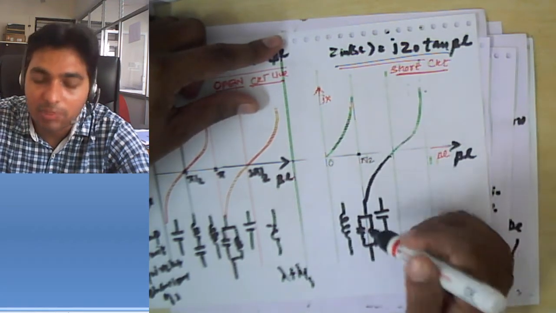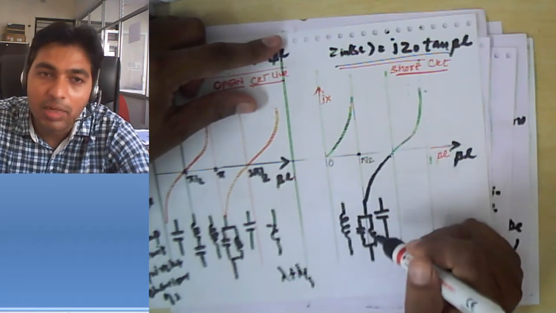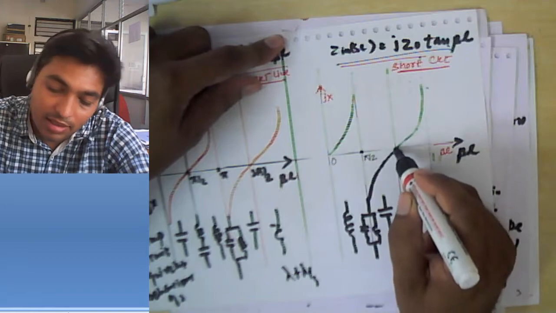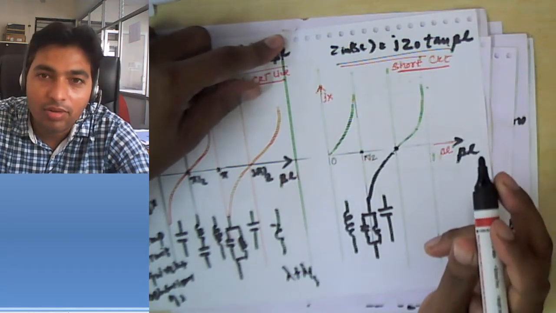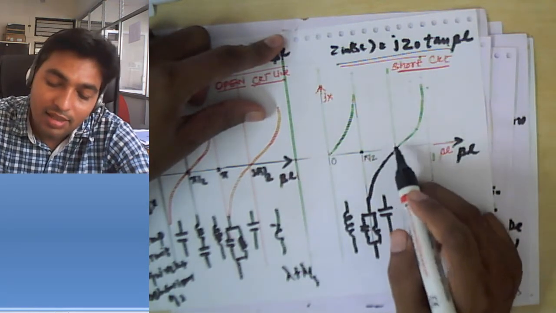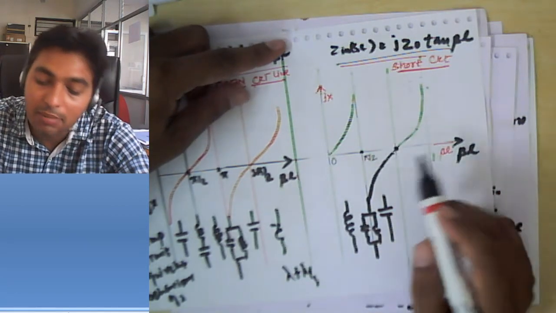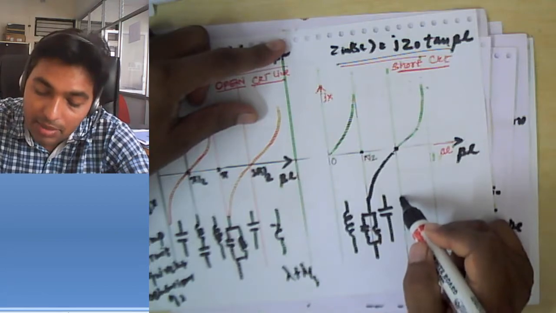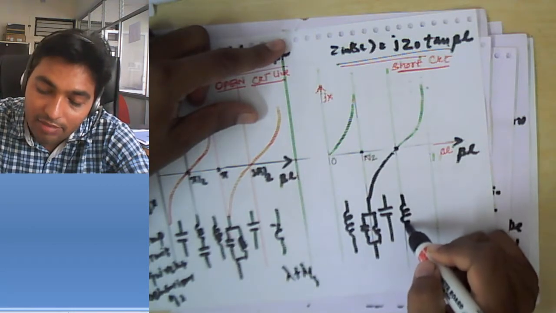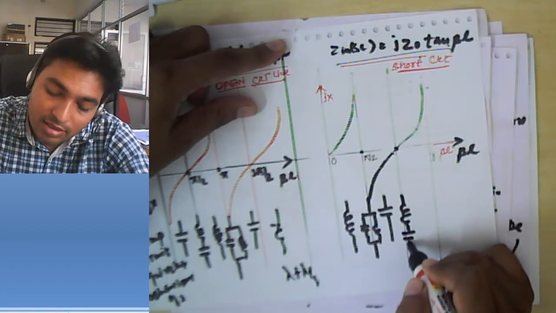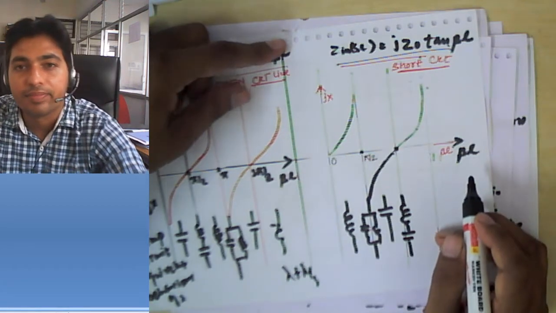High impedance is possible when we have a parallel connection of L and C. Similarly, the impedance will be 0 when beta L is equal to 3 pi by 2, and that is possible when we have a series connection of L and C.